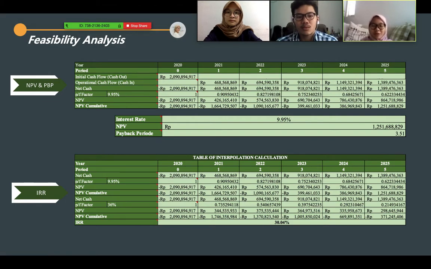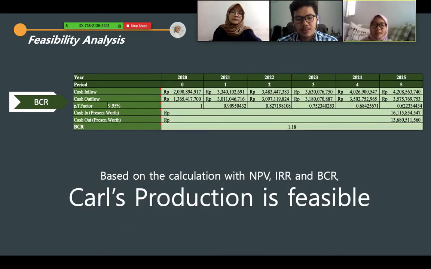The NPV here is positive, and the payback period is about 3 years. And then the IRR here we get 30.4%. And the last is DCR. Here, based on the calculation with NPV, IRR, and DCR, cost reduction is visible.